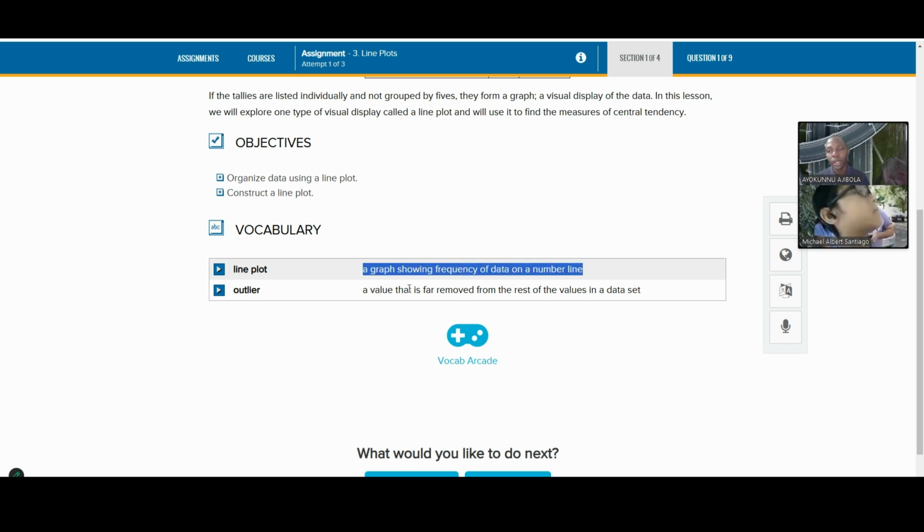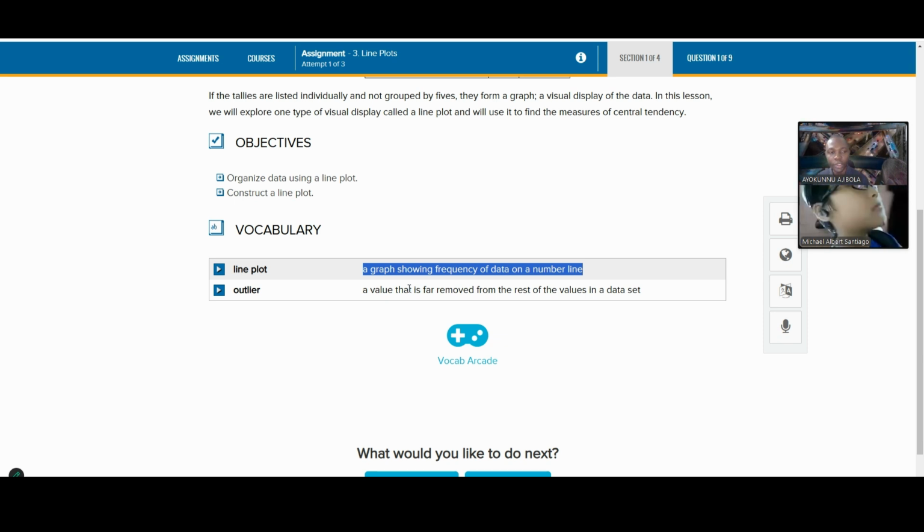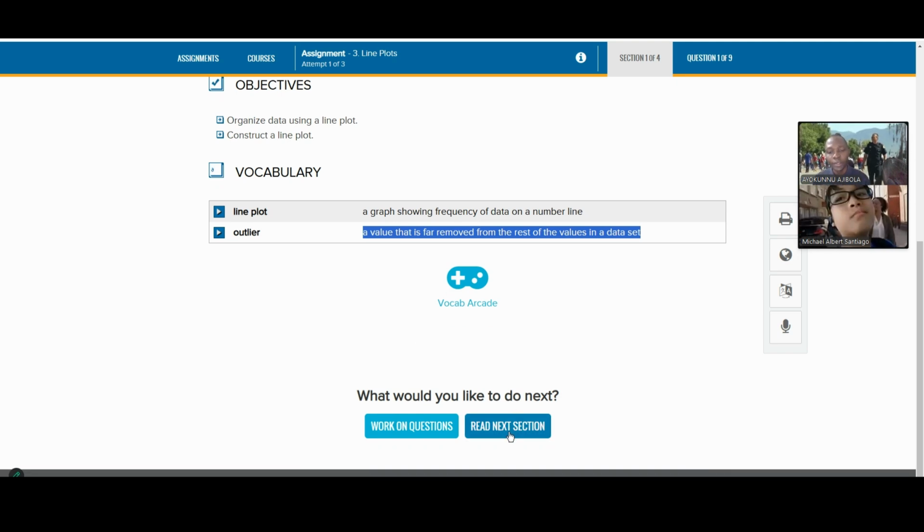We want to use a line plot to represent data. It's a graph showing frequency of data on a number line. Can you see this definition? Yes. And an outlier is a value that is far removed from the rest of the values in the data set. So let's go to the next section.